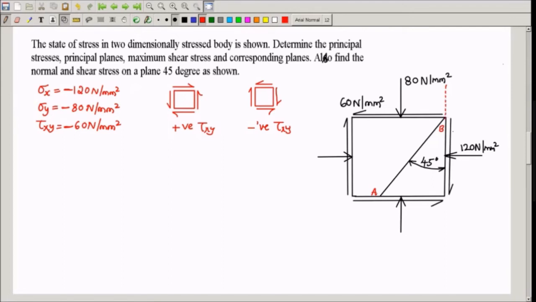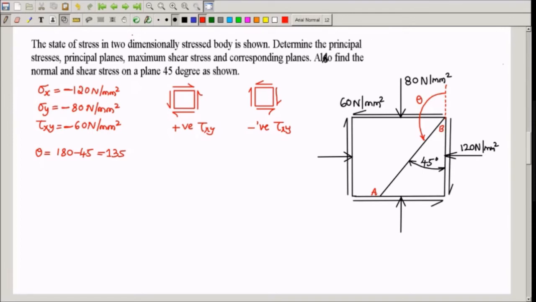That is a vertical reference there at B. Now, if I measure in counterclockwise direction, that becomes theta for me. So positive angle is always measured like this, counterclockwise from the vertical. So what will it be? 180 minus 45, 135. Like this, you have to carefully find out sigma x, sigma y, tau xy, and theta.